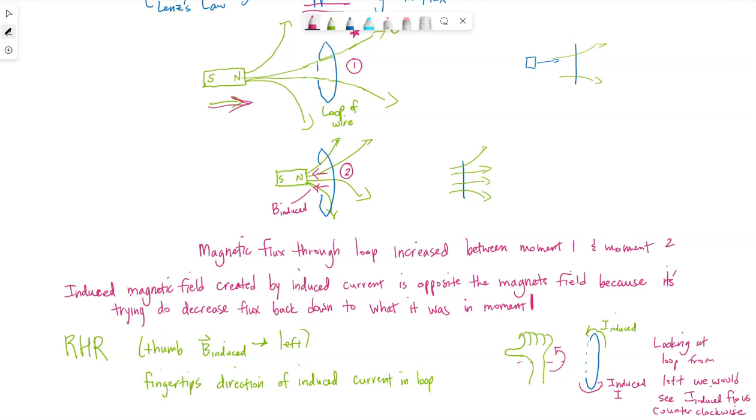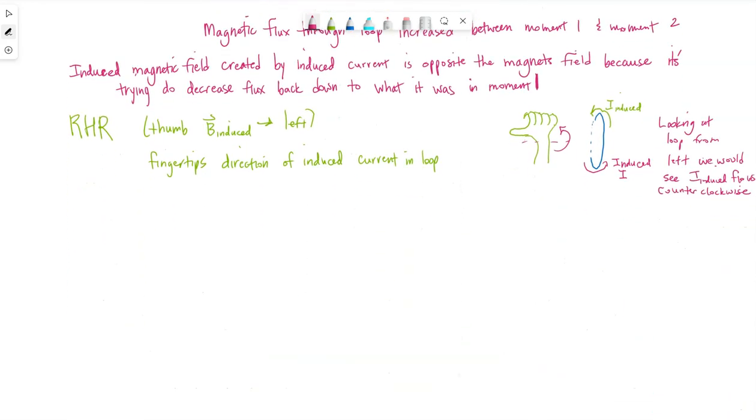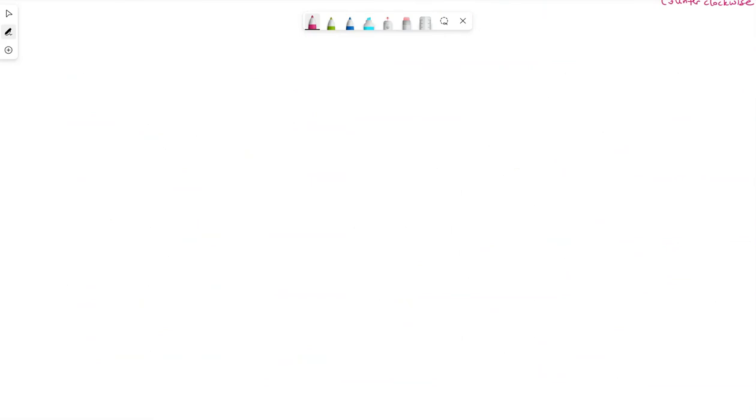Anytime we know that the magnetic flux is getting bigger and bigger because the field is getting bigger and bigger, the induced magnetic field will be in an opposite direction. For example, let me make a new picture.